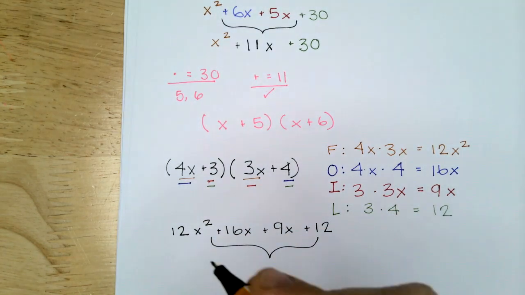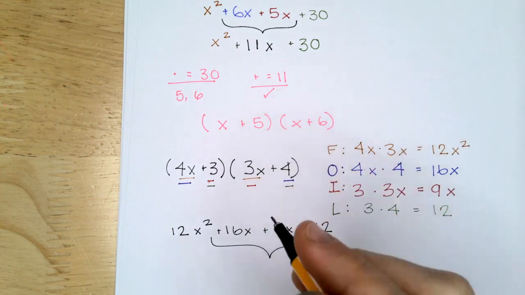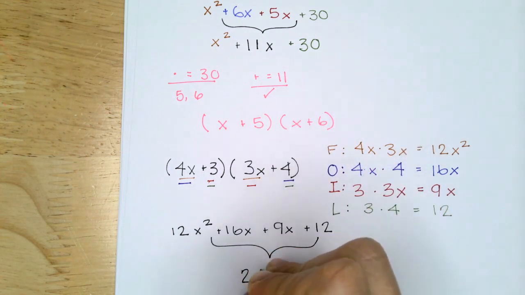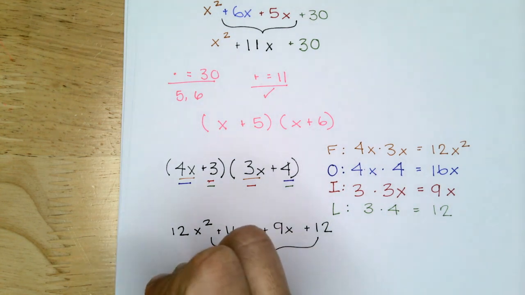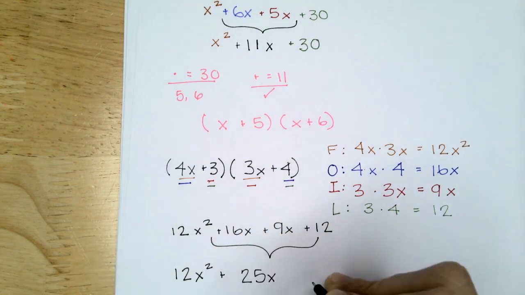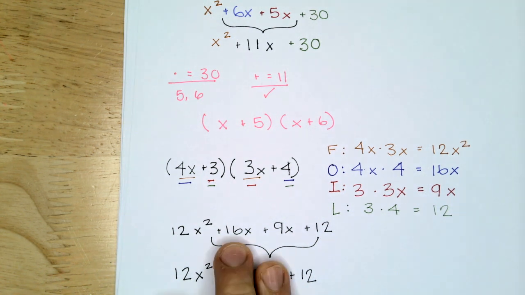You can add 16 and 9, you get 25x. It's a positive 25x. The 12x squared comes down, and 12 comes down on the other side. So that's how to FOIL 4x plus 3 times 3x plus 4.